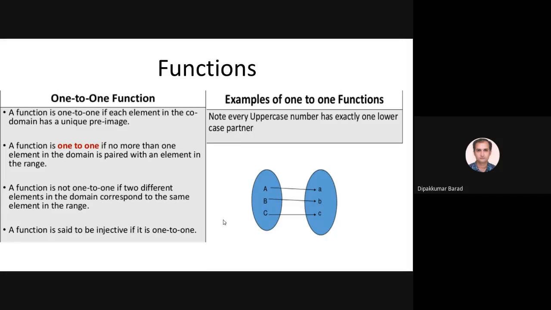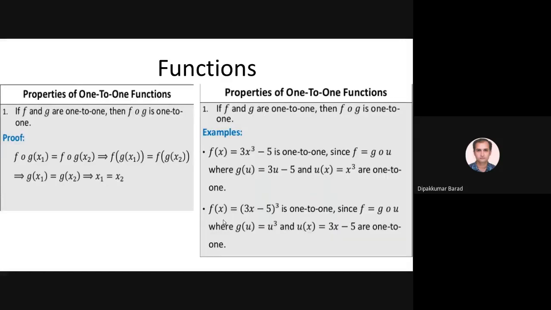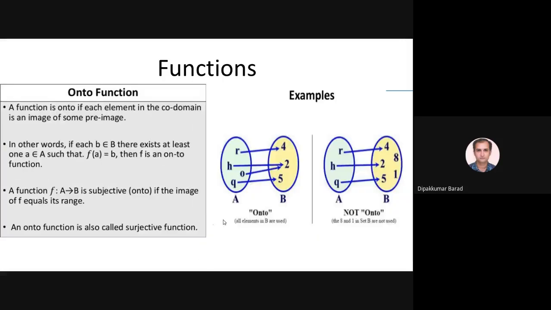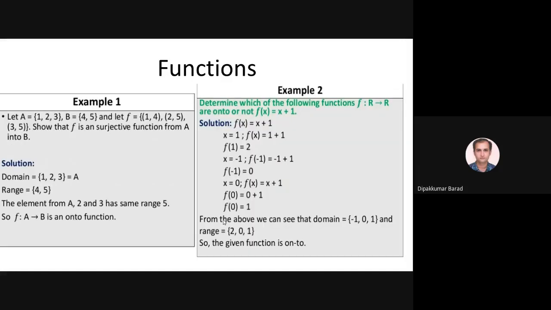A given function is onto when each element of the codomain has a preimage, which means the range of the function is equal to the codomain. Then we call the given function onto, also called surjective, and here we have some examples related to functions.